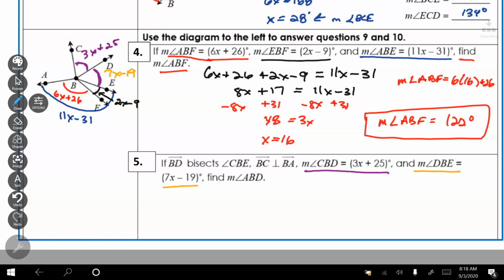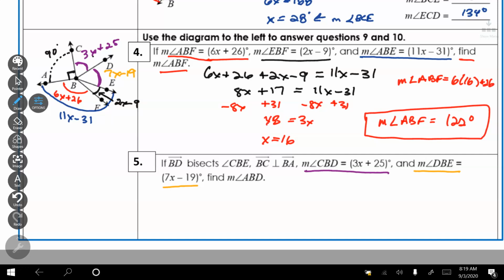The other piece of information I haven't talked about is that BC is perpendicular to ray BA. So when things are perpendicular, I can write in this little perpendicular square. So this angle here is 90 degrees.